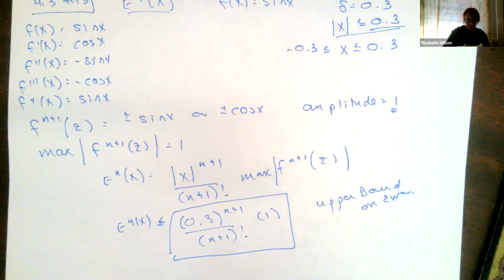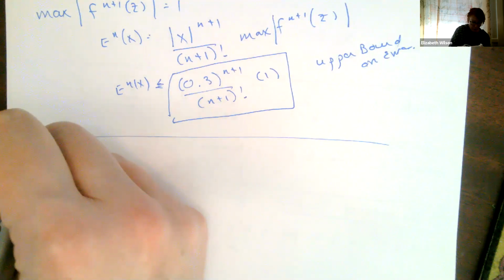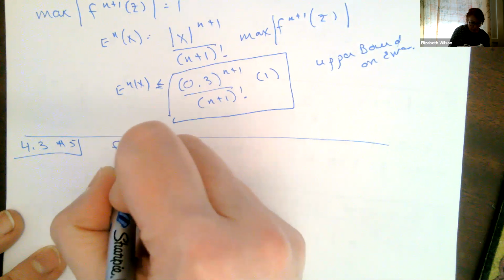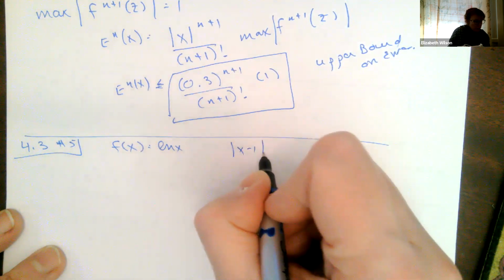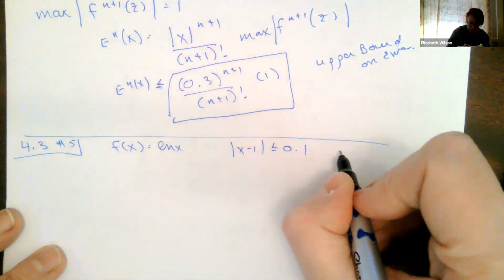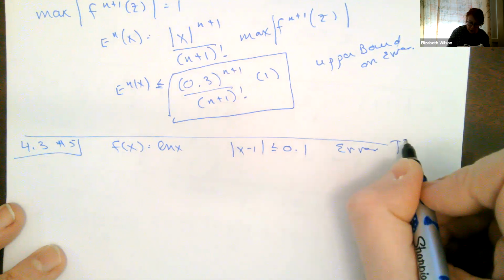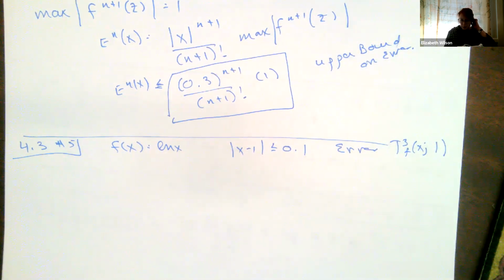So let's think about this one. 4.3, number 5: we've got f of x equals ln of x, and we're told the absolute value of x minus 1 is less than 0.1. And we're looking for the error of our third order Taylor polynomial when a equals 1.